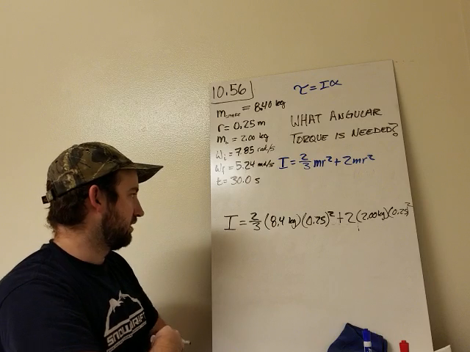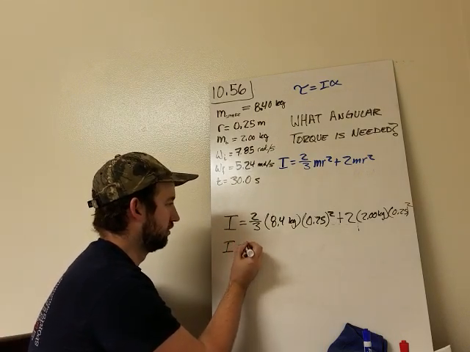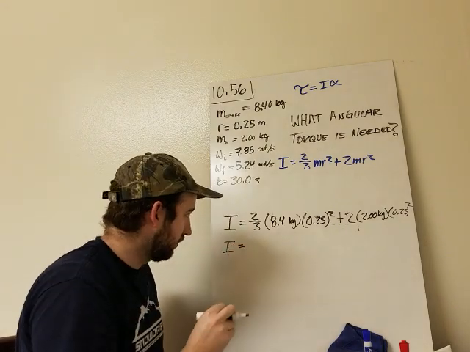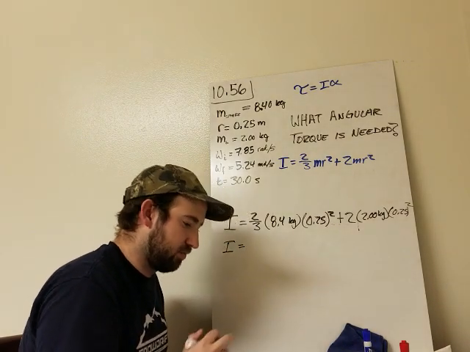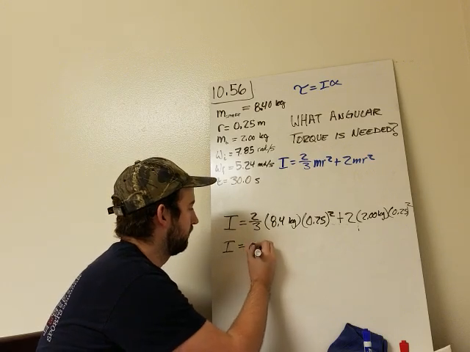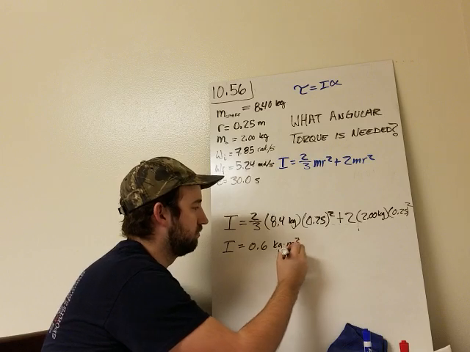When we plug all this in, we end up getting that the moment of inertia is equal to 0.6 kilograms times meters squared.